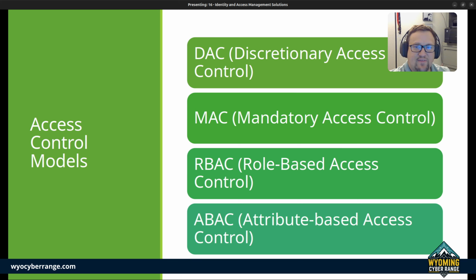And then lastly, we have ABAC, which is attribute-based access control. And this is one of the newest models here. The way that this works is, for example, you might want to allow a user with an attribute of manager to access a resource like a financial report, but only if the environment variable time is met.